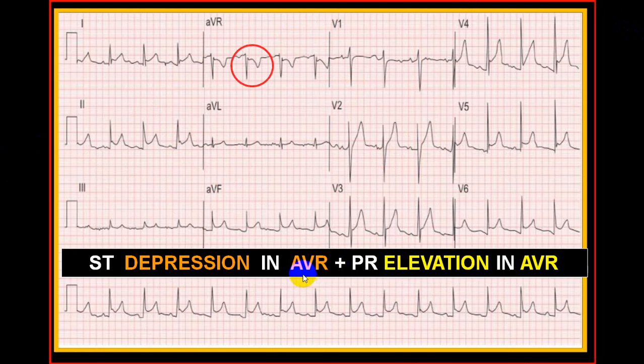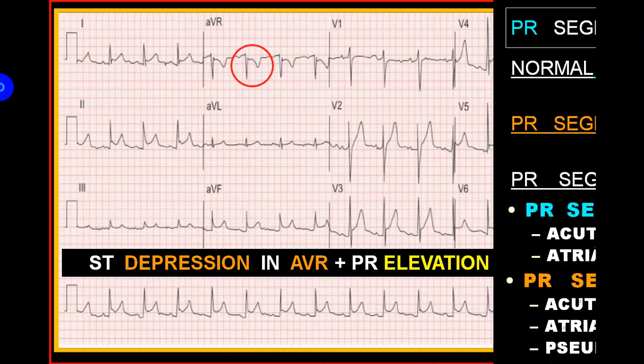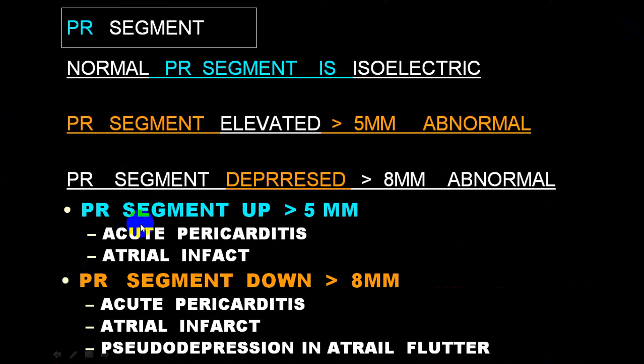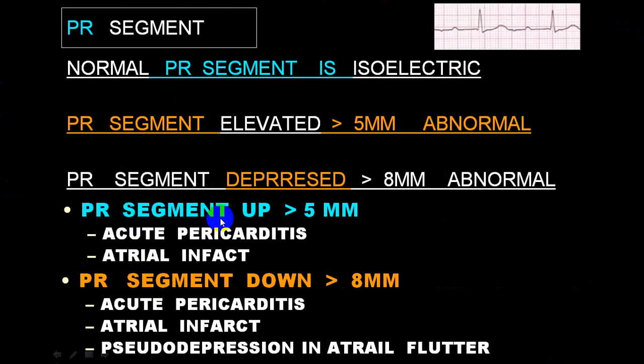So ST depression in aVR with PR elevation in favor of acute pericarditis. So in acute pericarditis PR segment is up by almost 5 millimeter in aVR, it is in favor. Or it is also one of the differential diagnoses for what we call as an atrial infarct. Atrial infarct.